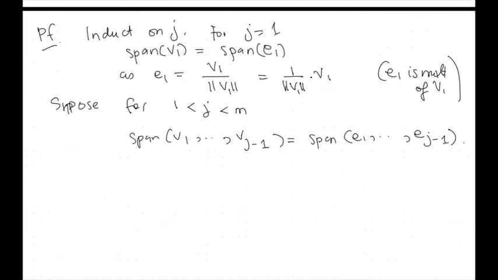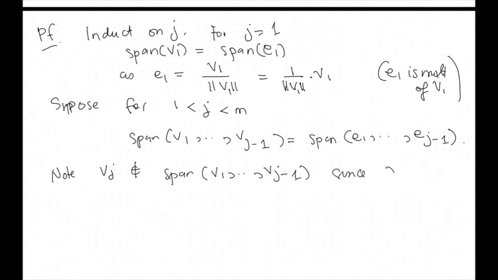This is our supposition. We have to know that v sub j is not in the span of v sub 1 up to v sub j minus 1, since v sub 1 to v sub m are linearly independent.